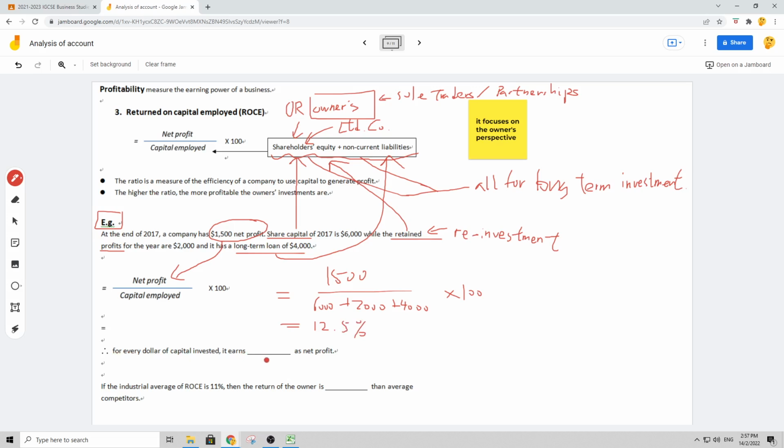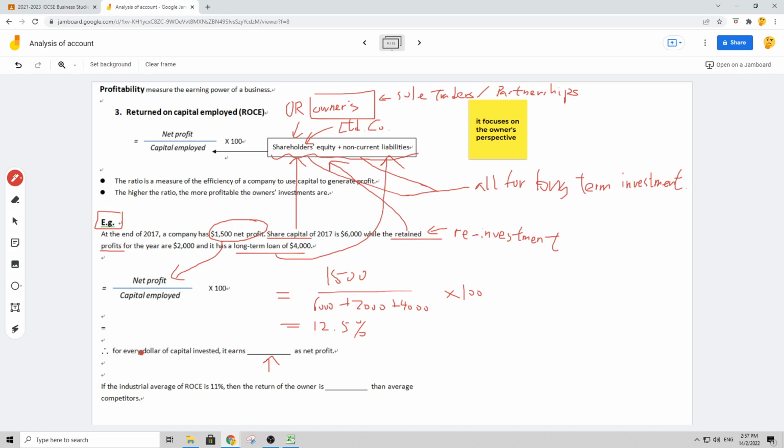Okay. That's cool. So can you all answer this question very quickly? For each dollar that the owner has invested, how much would they earn from the net profit? So does it make more sense to you now?